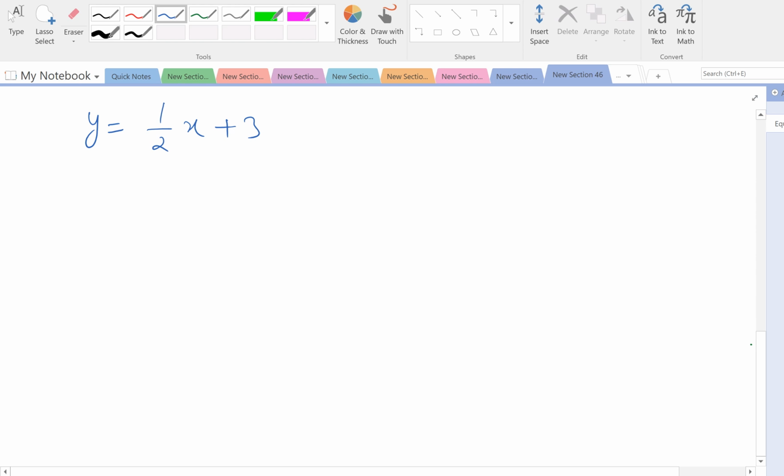And as we know, the coefficient with the x is your slope, and a number without any variable, a constant, is the b value. So this is my m, and the constant in the end is my b value. The y-intercept is that.